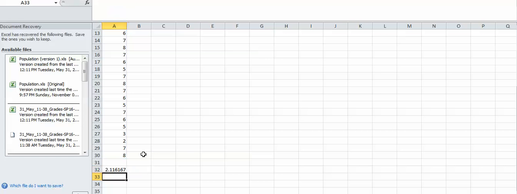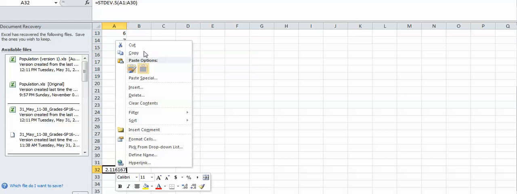Now I press enter, and it gives me the number I'm looking for, the sample standard deviation. Remember that when you're calculating a sample standard deviation, you use n-1 in the formula. So Excel used the n-1 formula to calculate the sample standard deviation.